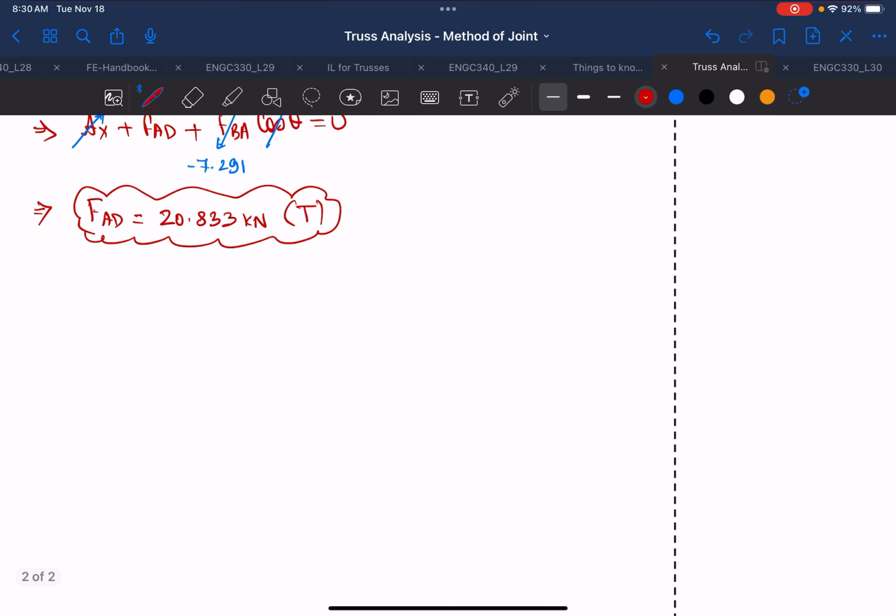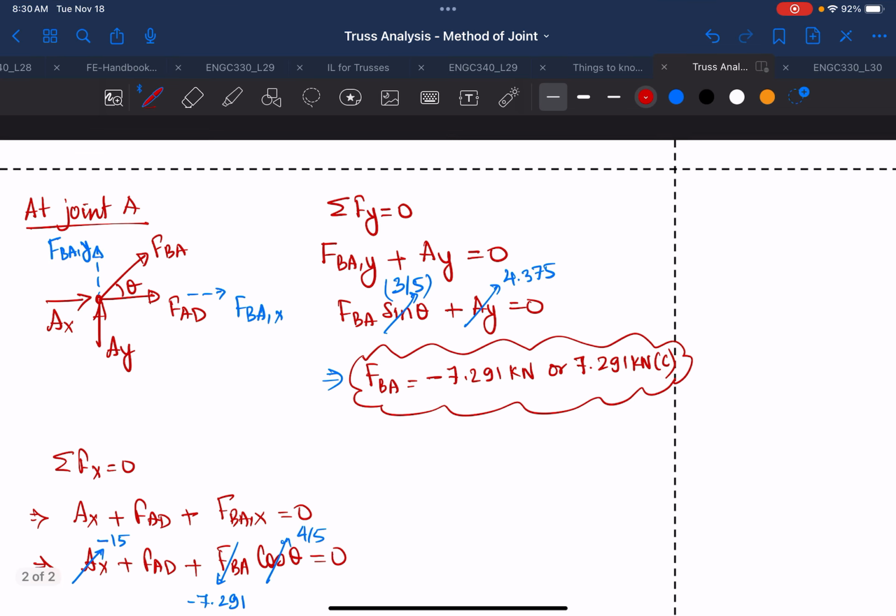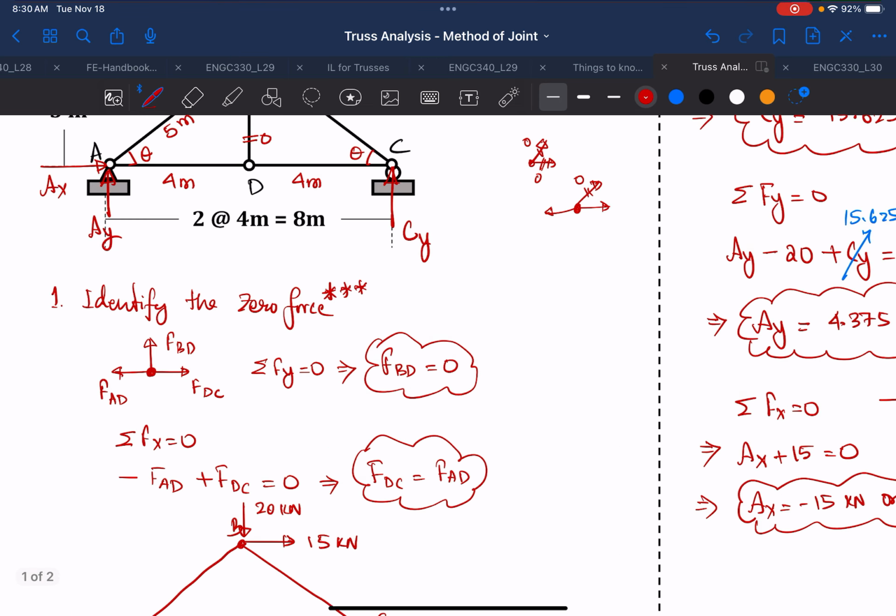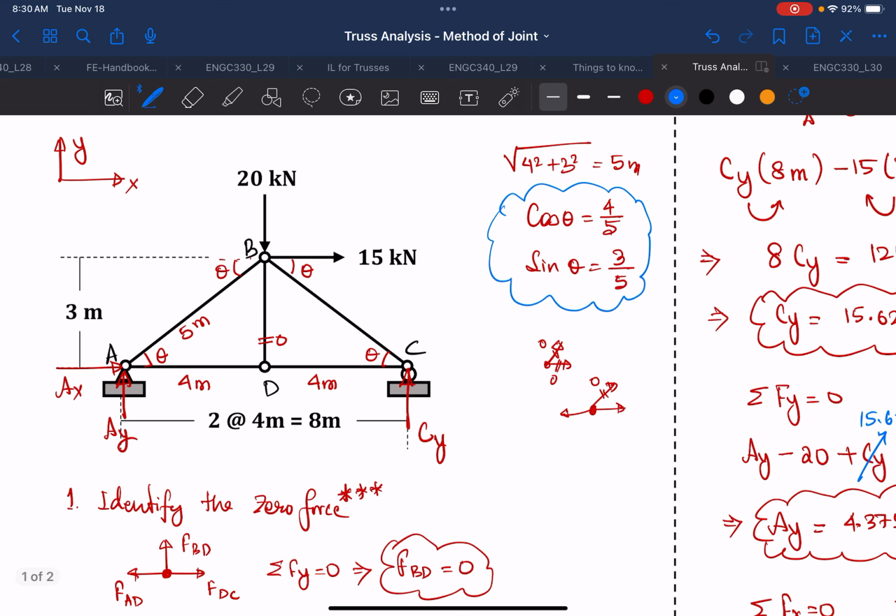So once we have all those forces, we have here FAD, it will be 20.83 in tension, and then we have AB, which is 7.291 in compression, and this also we know that it is equal. So now the only remaining is FBC.